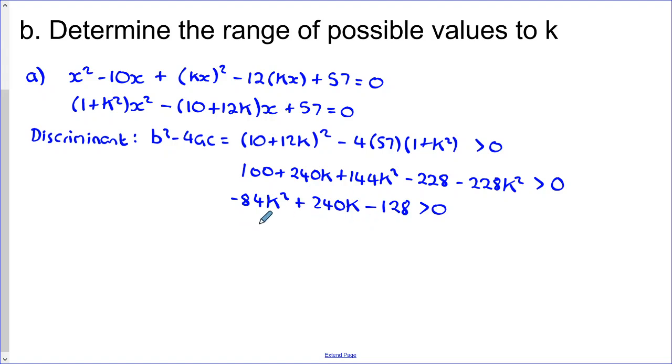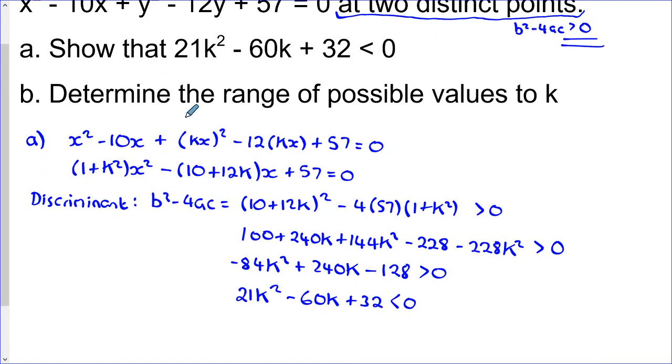We're dividing everything by 4 and moving it all to the other side. 21k squared, take away 60k plus 32 is less than 0, because I've taken it to the other side, it's swapped around, and that is exactly what we were trying to show.